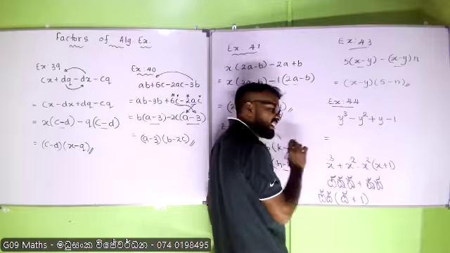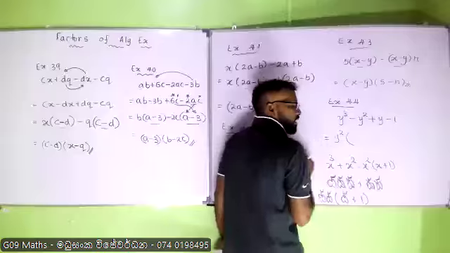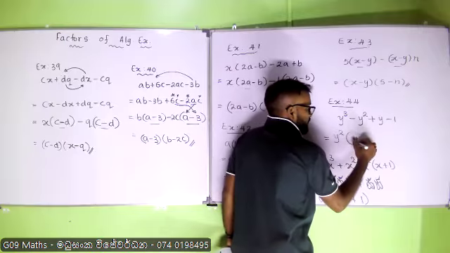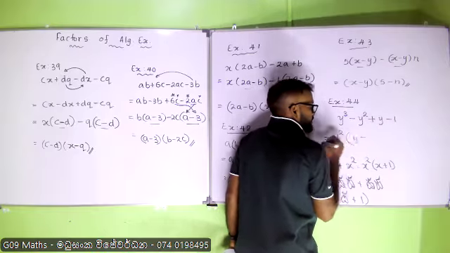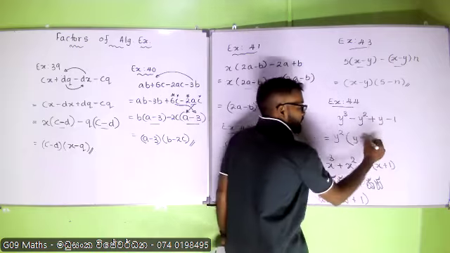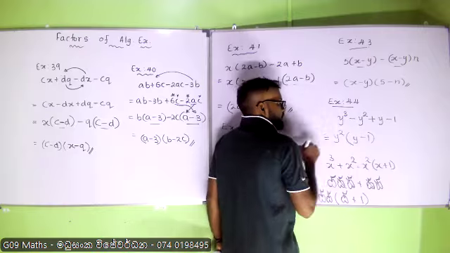Same here. y to the power 3, y to the power 2 out, so y is remaining. Minus y to the power 2, take the same whole thing out, 1 remaining. y minus 1.